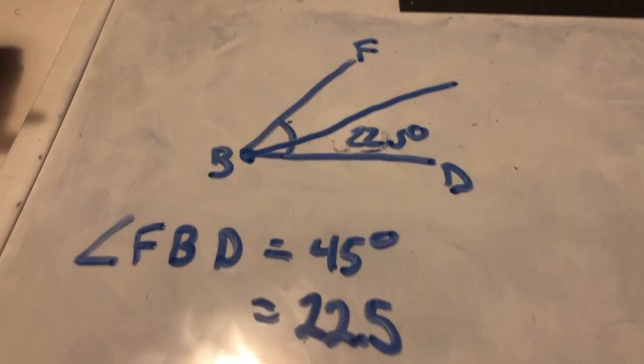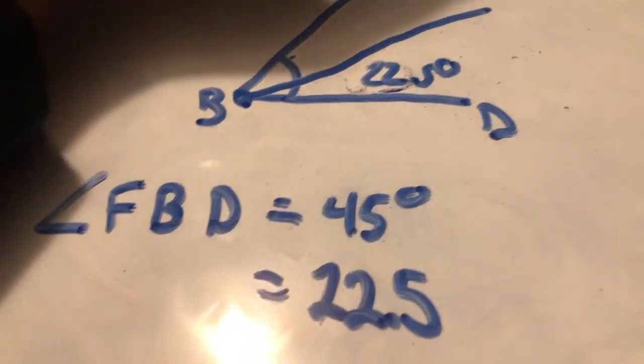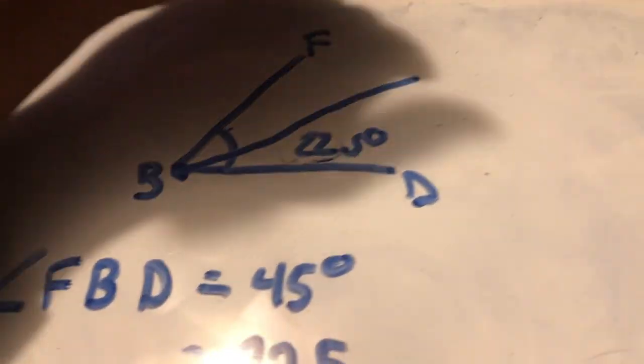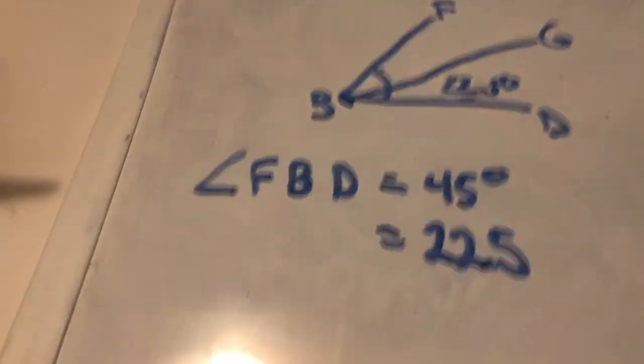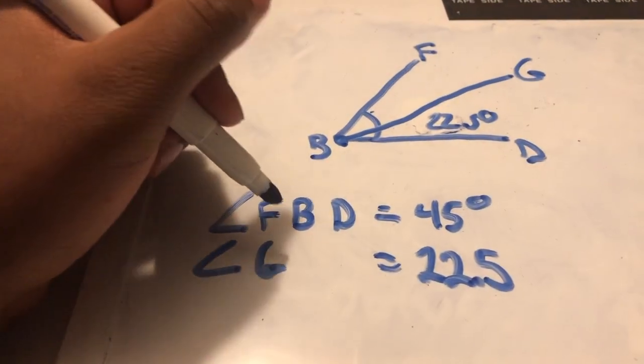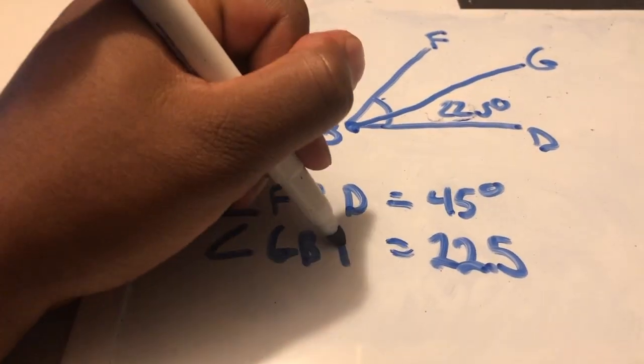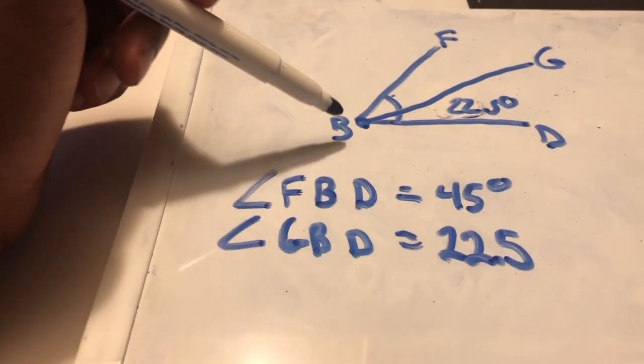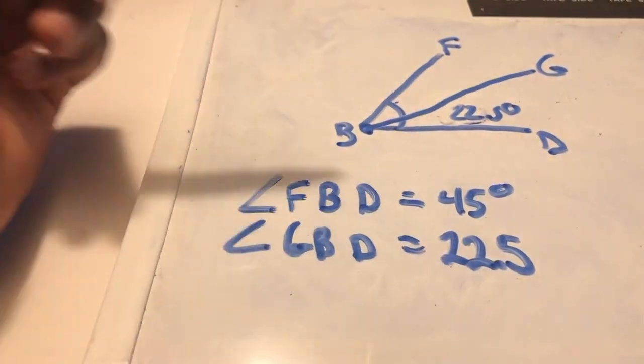We also have to name our new angle. In this case, it's not angle FBD anymore. Let's put, for example, G. You can put any letter really. So our angle in this case would be GBD. So by halfway bisecting, we got 22.5 degrees.